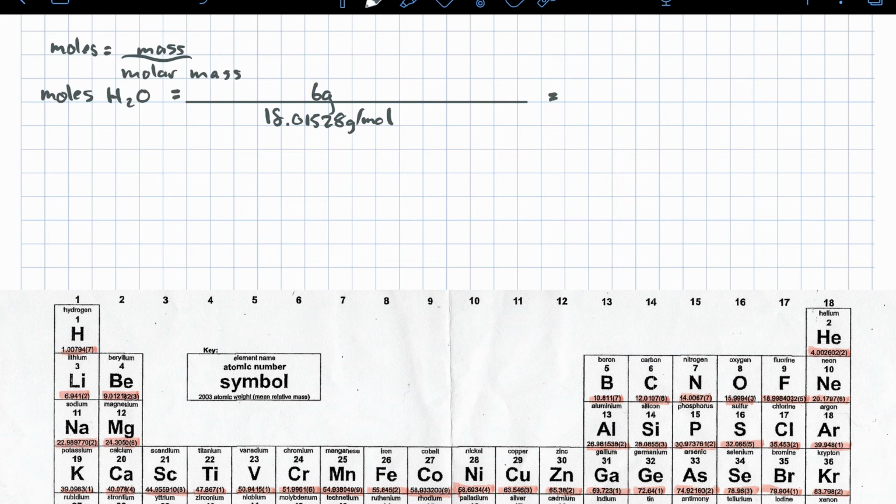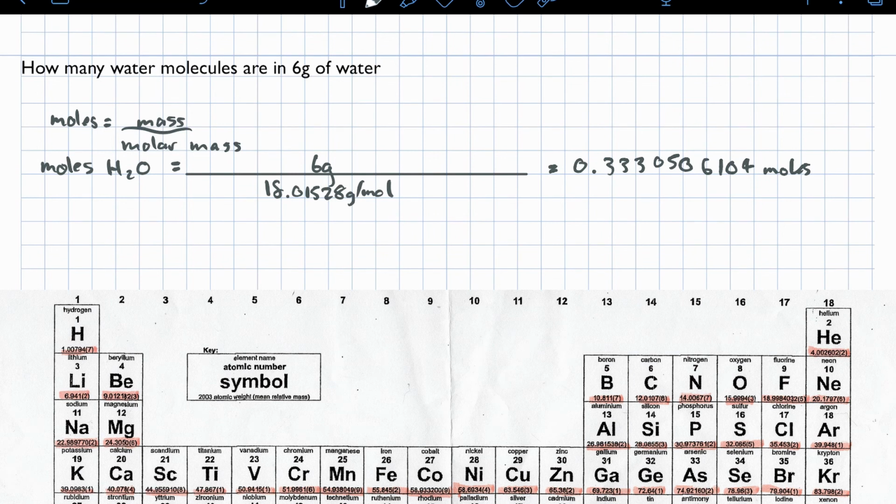So what would that equal? Your moles there would be 0.3330506104 moles. And don't apply sig figs to this yet. What we want to do is keep this figure here, and then we're going to solve for molecules.